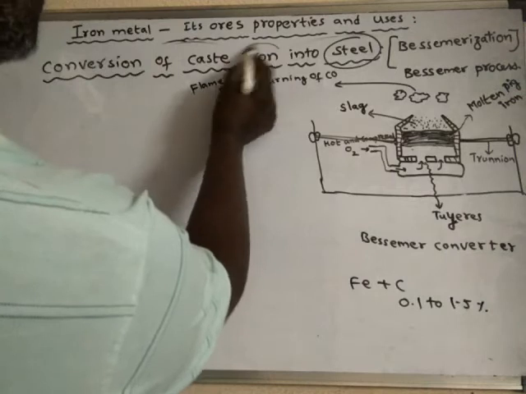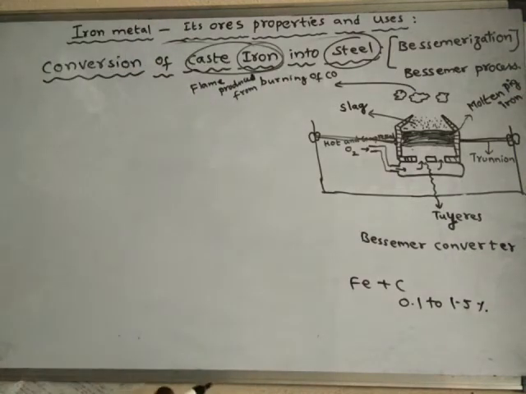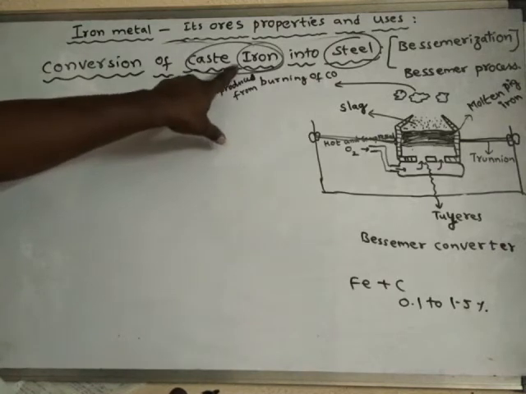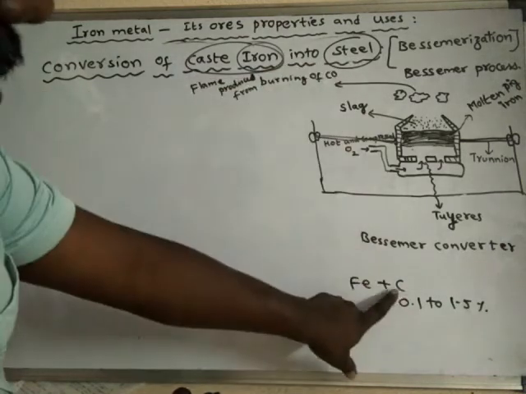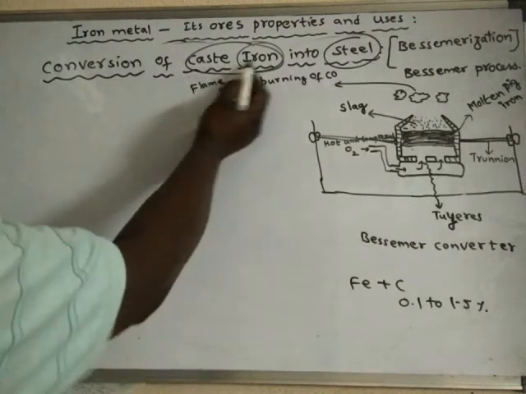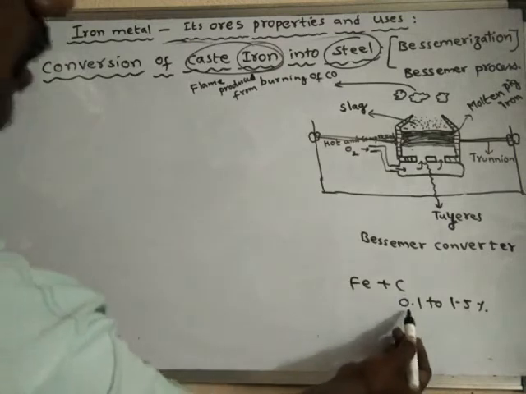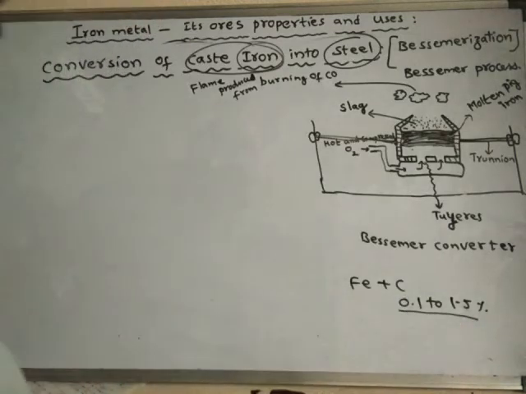In cast iron, the amount of carbon is more, from 2.5 to 5%. But when cast iron is converted into steel, the percentage of carbon decreases, to 0.1 to 1.5%.